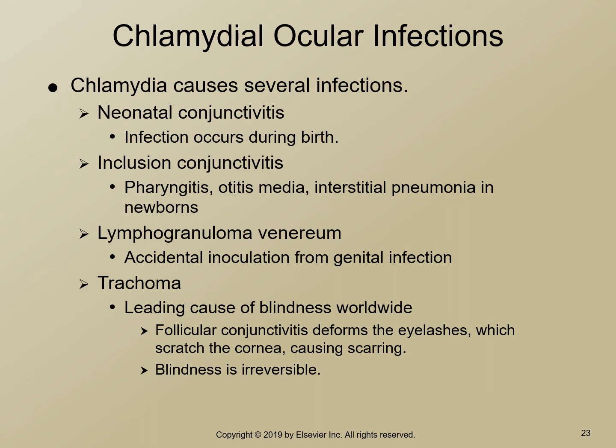Inclusion conjunctivitis can lead to pharyngitis, otitis media, and interstitial pneumonitis in the newborn. Chronic conjunctivitis with cornea involvement is a consequence of untreated or inadequately treated inclusion conjunctivitis. Lymphogranuloma venereum can occur as a result of accidental inoculation from a genital infection. And then trachoma is the leading cause of blindness worldwide.